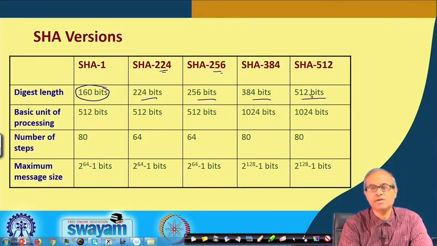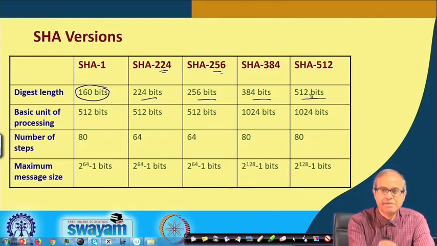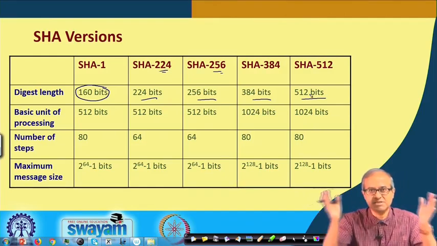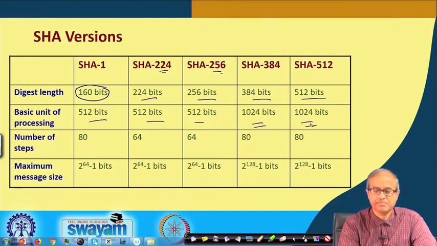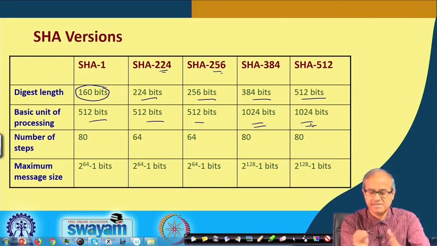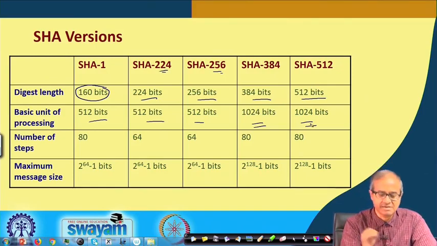So, SHA-512 indicates that the final hash value is 512 bits. The basic unit of processing, into which the message is broken up, is 512 bits for the first 3 and 1024 bits for the last 2. The number of rounds in that function f is very similar in their construction: 80, 64, 64, 80, 80.